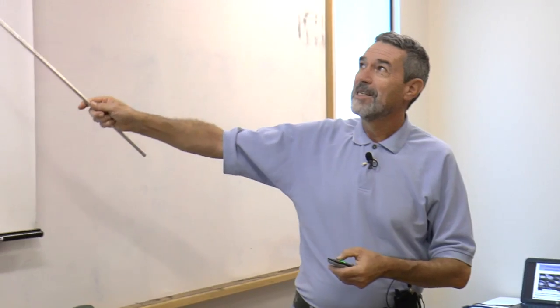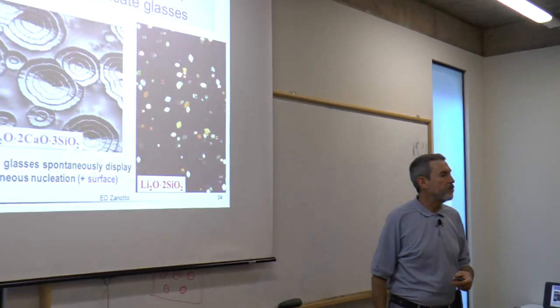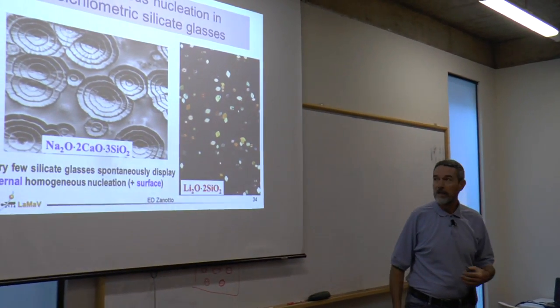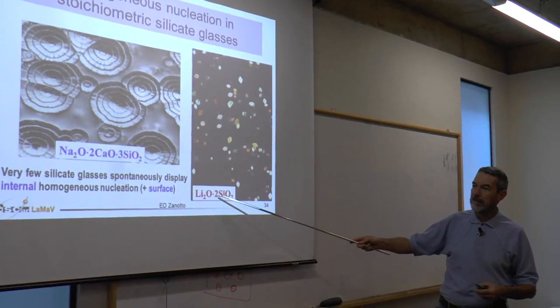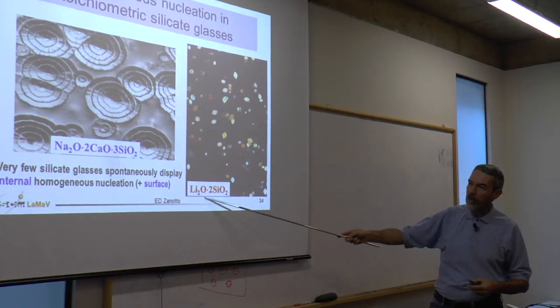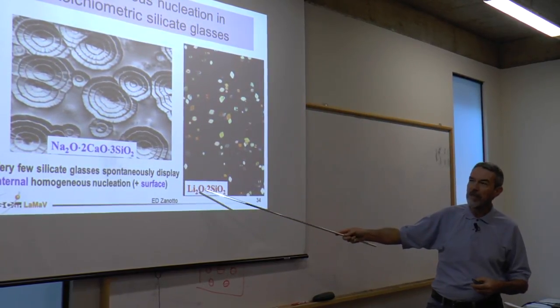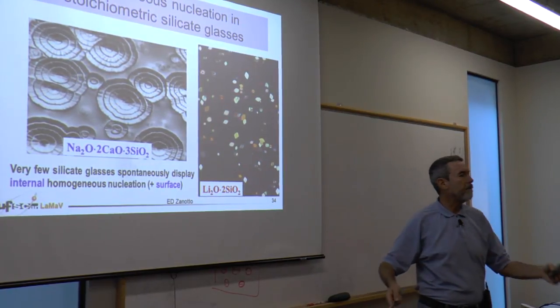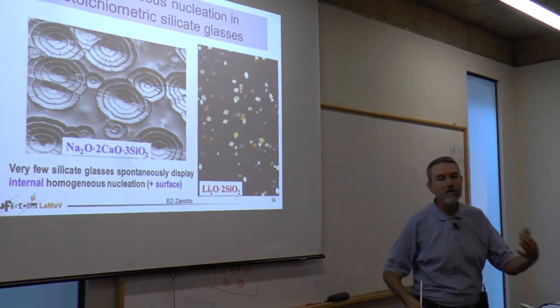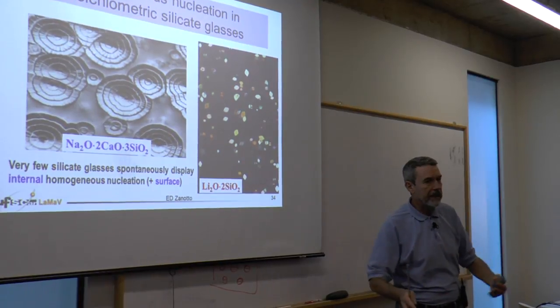Then the silicate glass community started to work in this field. And the good thing about silicate glasses is that you can get stoichiometric compositions: lithium disilicate, soda lime silica glasses, lithium diborate, barium disilicate, calcium metasilicate, sodium metasilicate.